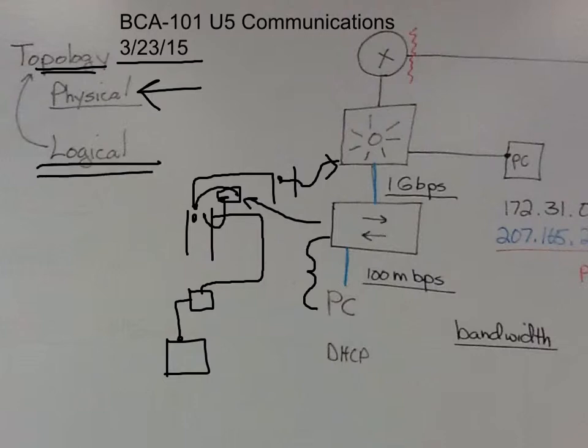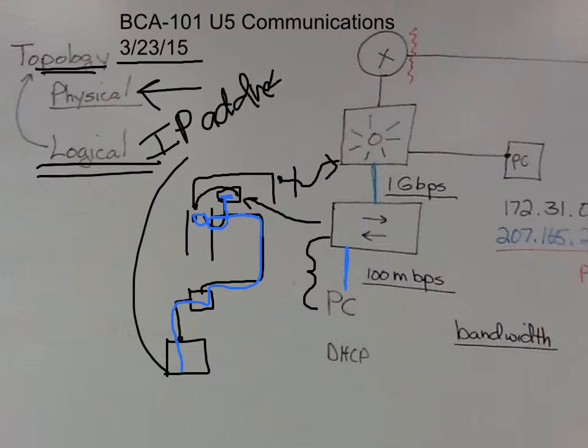is a picture of the same thing, showing how the traffic flows, but without showing all these details. For example, here we just show from the PC we're connected to the switch, where over here we showed all those cables and eventually ended up in the switch. But in general, we just need to see this. A lot of times the logical form will have listed with it the IP addresses.